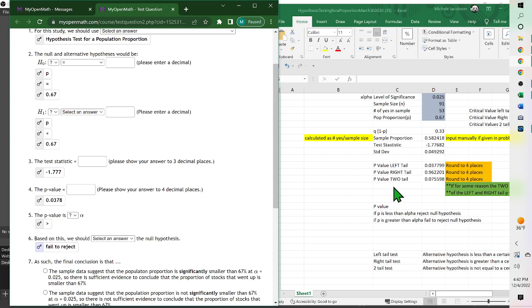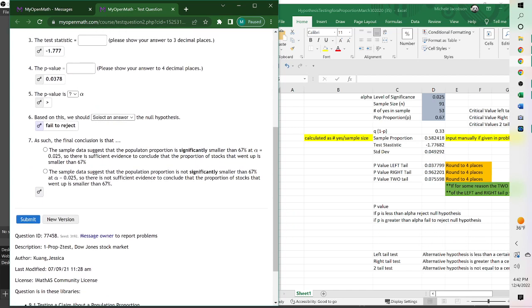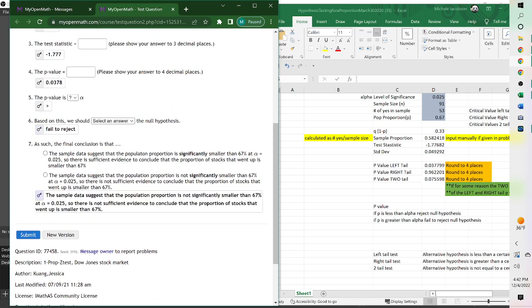And it tells you right here: p-value is greater than alpha, fail to reject. The final conclusion: the sample data suggests that the population proportion is significantly smaller or not significantly. Since we failed to reject, it's not significantly smaller.